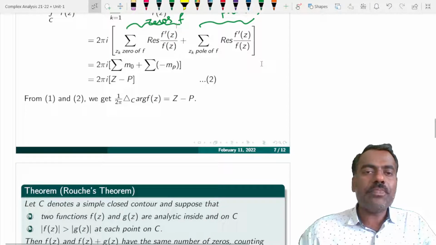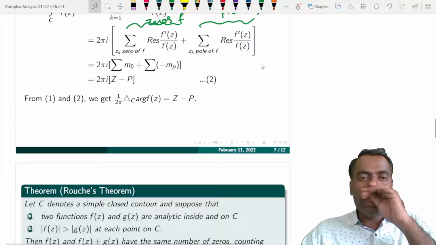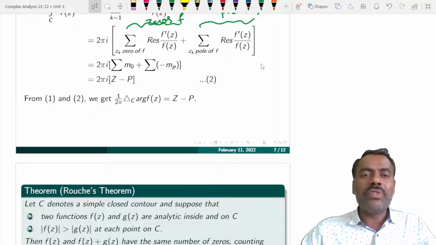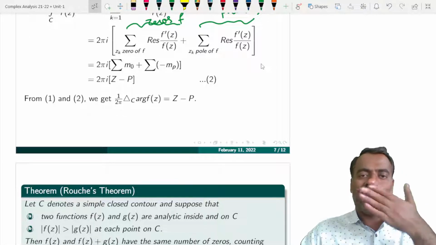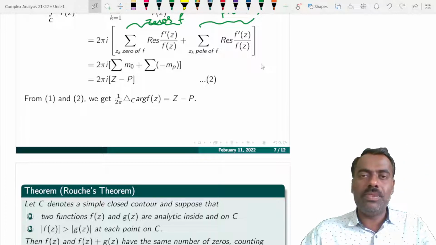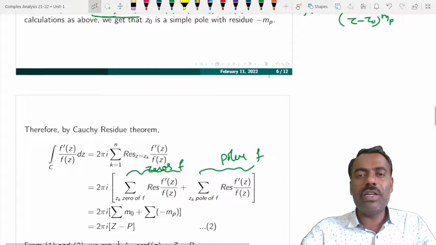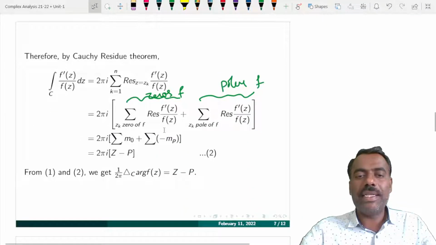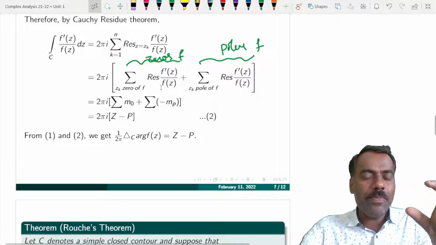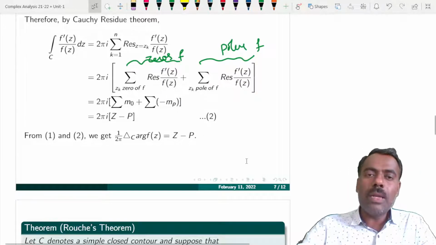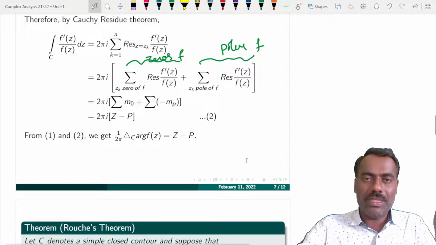If it is a zero, of whatever order, call it m naught or mk, then the sum of the residues is simply the sum of all those. Similarly here, the sum of the residues is nothing but the sum of the minus mp we got. So in this sum, we have all the zeros, each with its multiplicity, m naught.